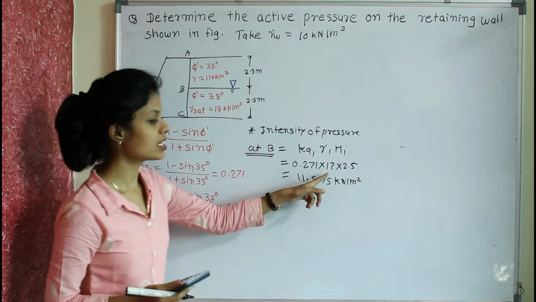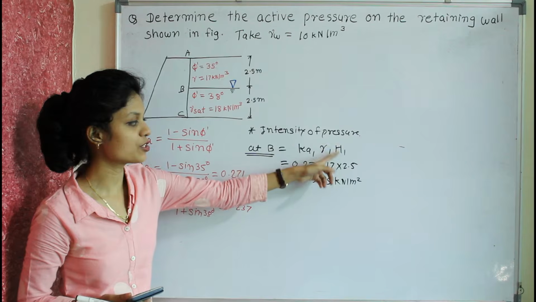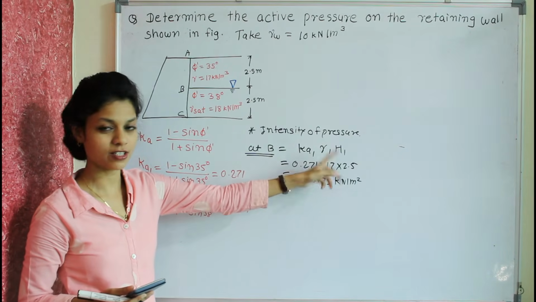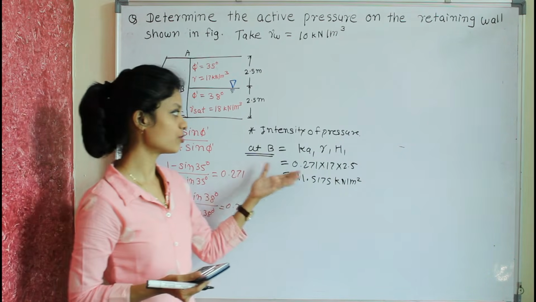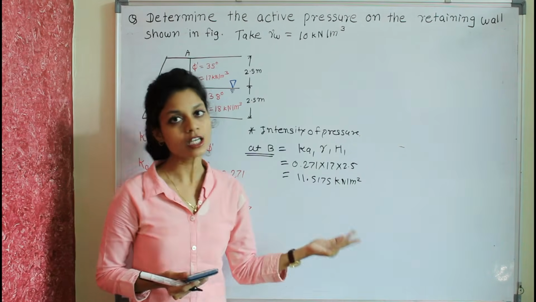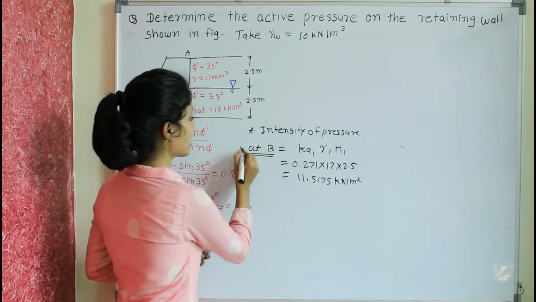Unit of gamma is kilonewton per meter cube and unit of H thickness is meter. Therefore meter gets cancelled and K is unitless. Therefore unit of pressure intensity is kilonewton per meter square. This one is at B.